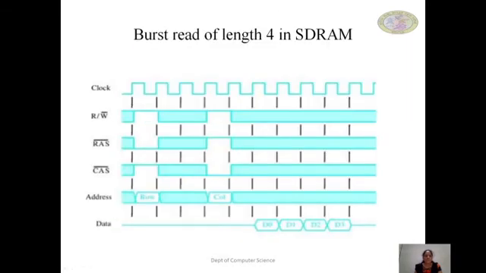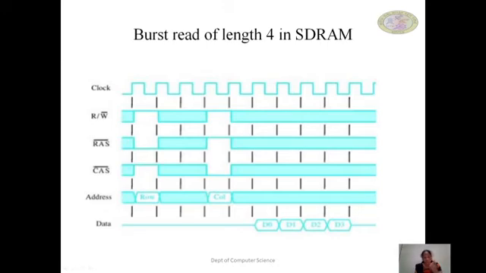Now let us see the timing diagram for the burst read of length 4 in synchronous DRAM. Here first the row address is latched using the RAS signal. The memory typically takes 2 or 3 clock cycles in order to activate the selected row. In this diagram we have shown 2 clock cycles to activate the selected row.